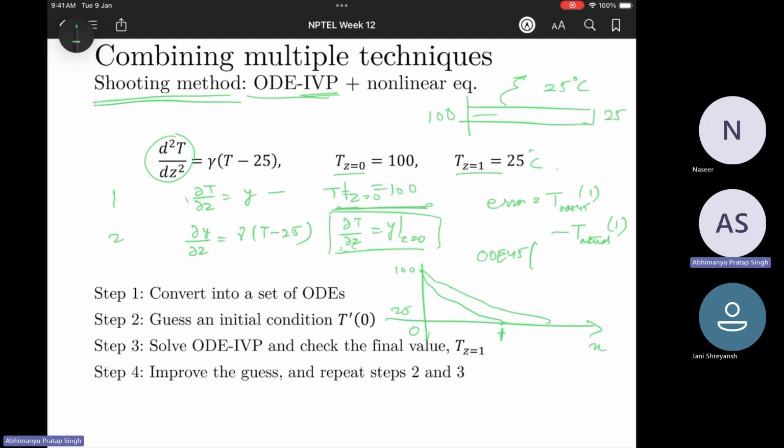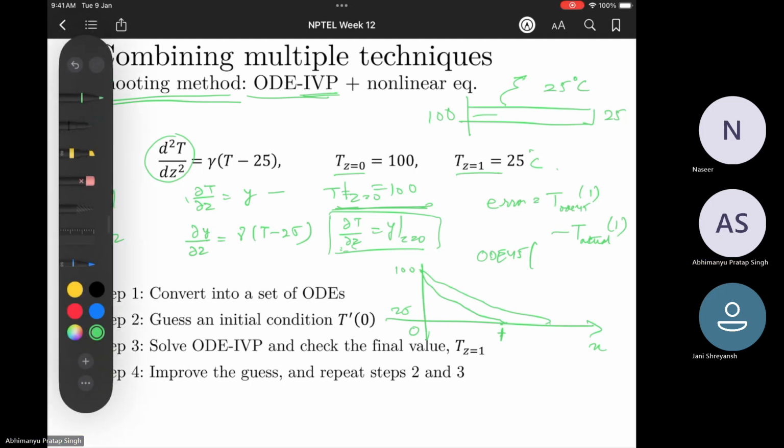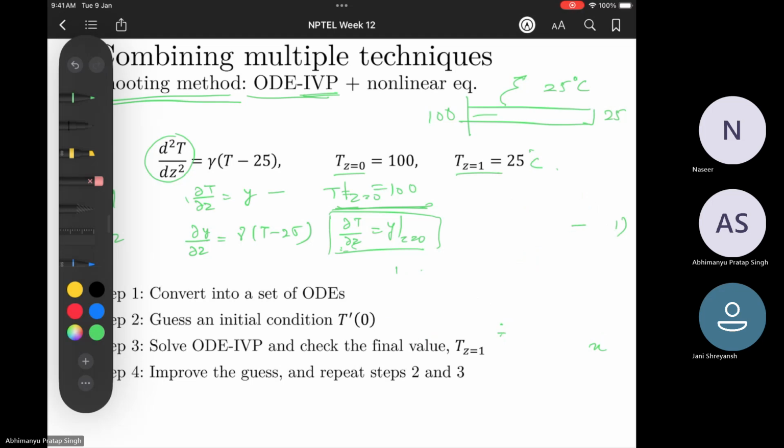Bisection method basically means that suppose I take some initial condition and I try to solve my problem.